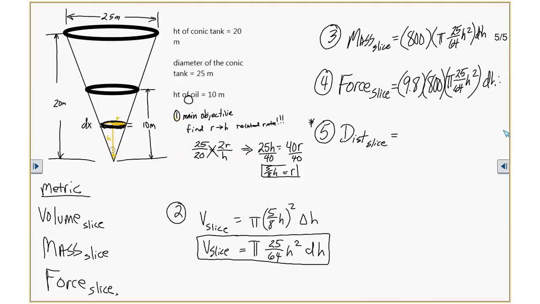And what is the height of your slice? So what is the distance of your slice? 20 minus what? H. Now that's very important because most of the time your distance is going to be something like the total minus H.